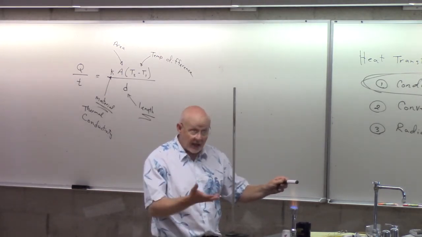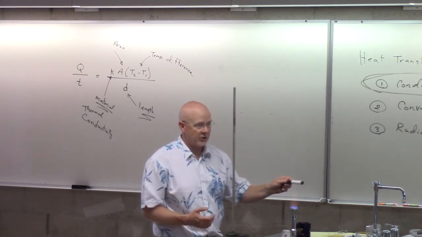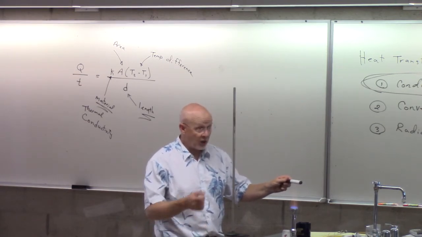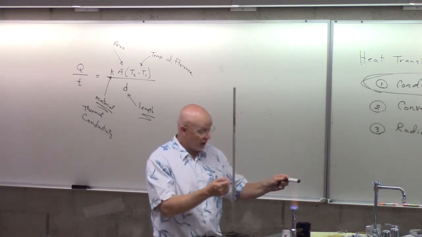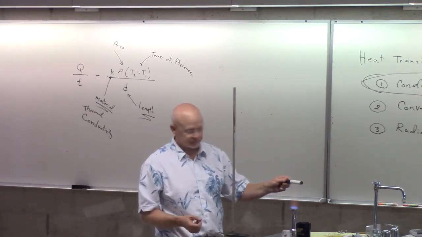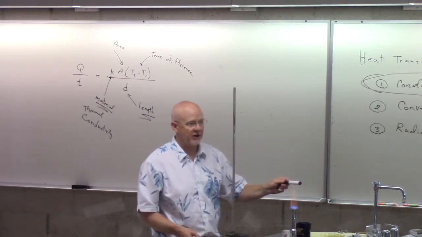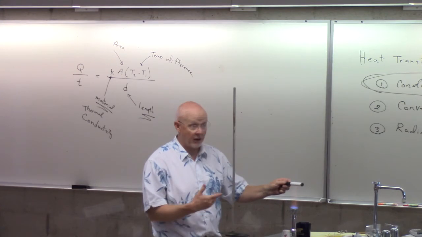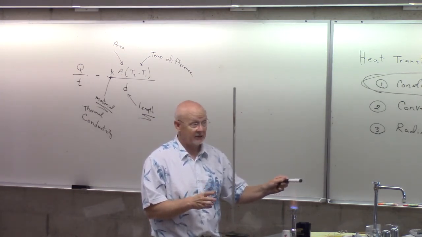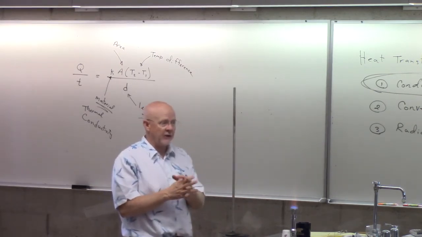It'll take a while, but eventually this rod will get up to a high temperature, maybe about 400 degrees, at which point the transfer of energy through the paper will not be fast enough, and the paper will get to 451, and then it'll catch on fire. But trust me, if this metal bar gets up to 400 degrees, I won't be holding it anymore, and I'll let it go. In fact, it's starting to get warm, so I think that'll be long enough.